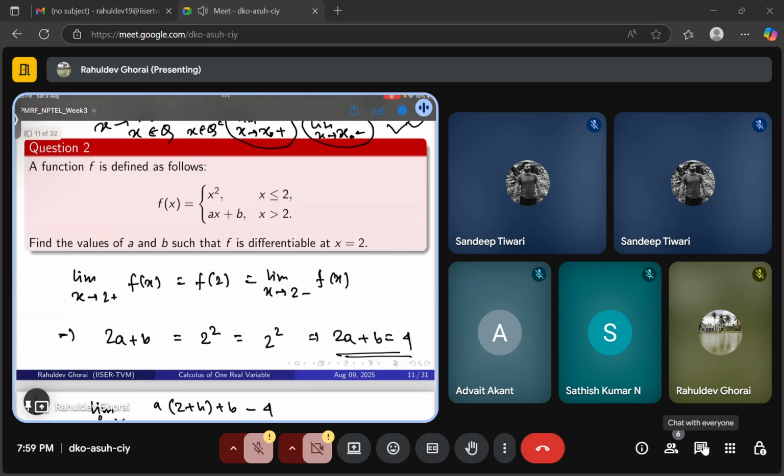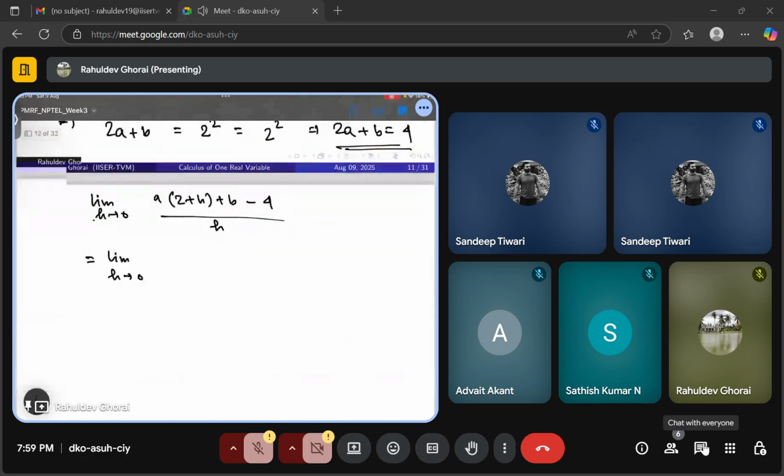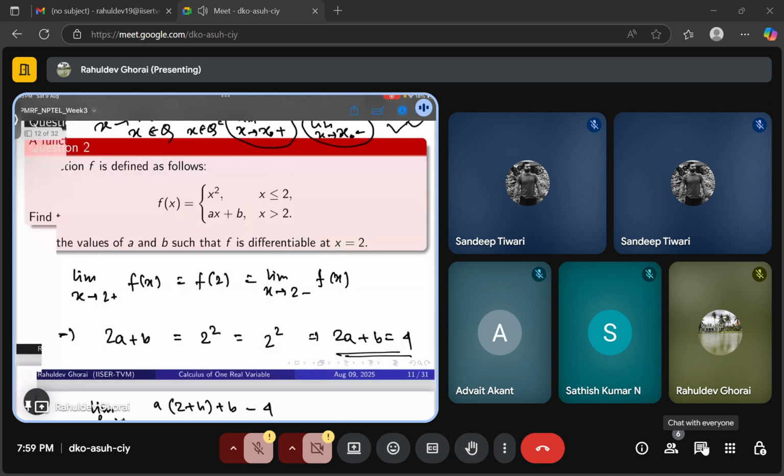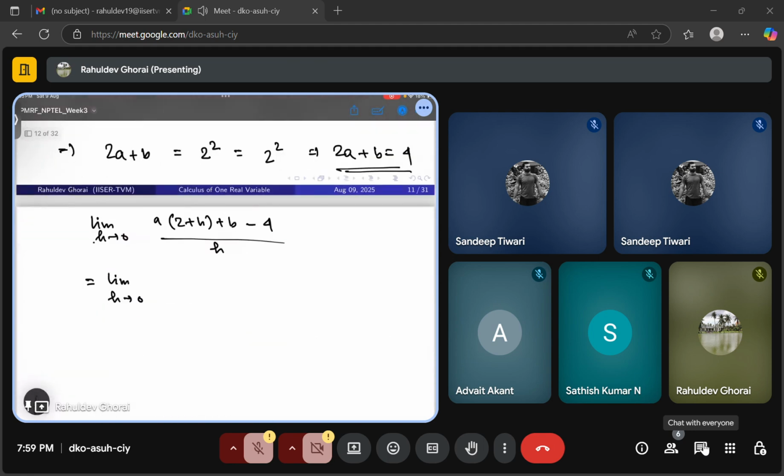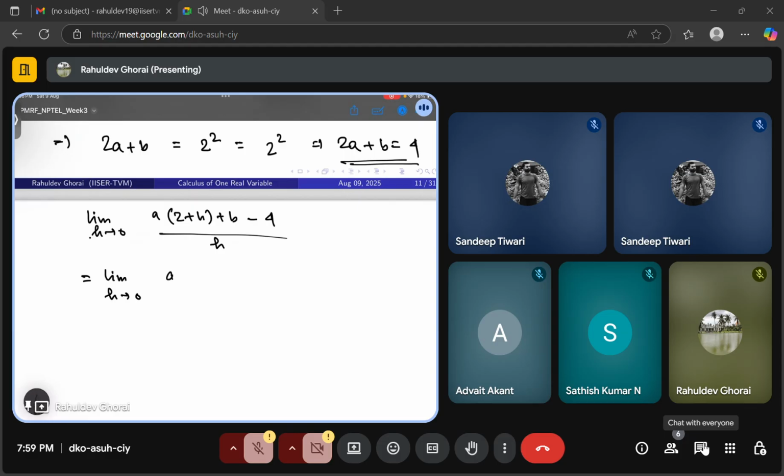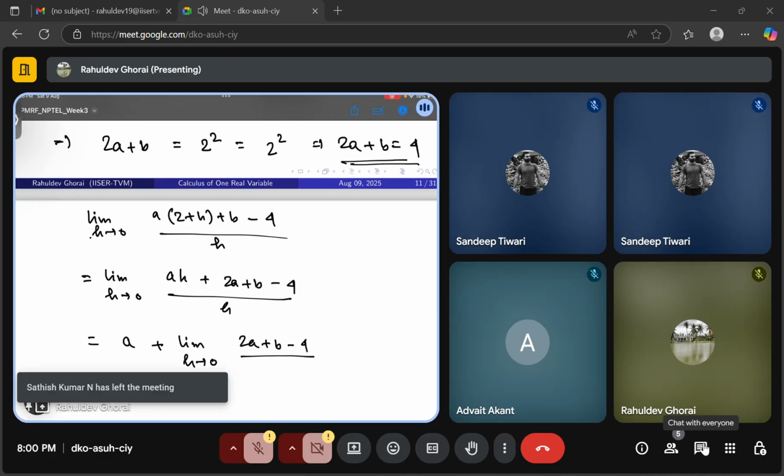That is equal to the limit as h tends to 0 of (ah plus 2a plus b minus 4) over h, which is equal to a plus the limit as h tends to 0 of (2a plus b minus 4) over h.